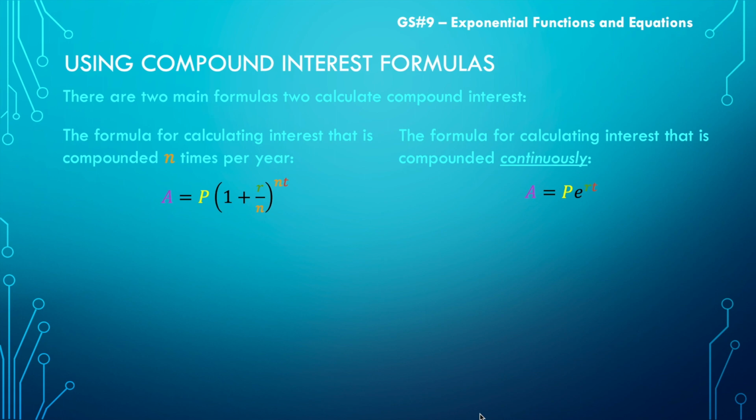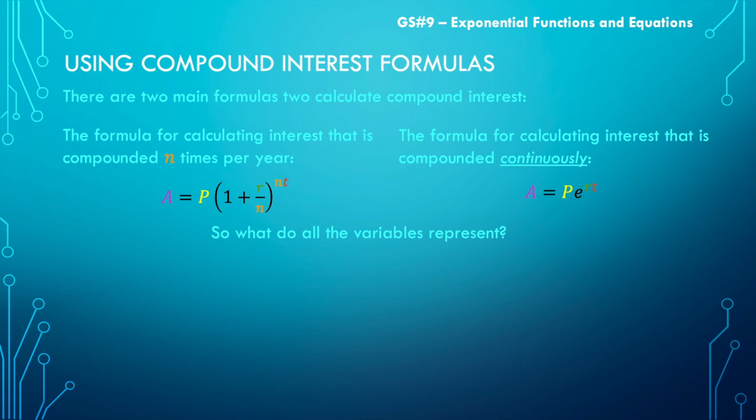You're only going to use this formula if the application says that the interest is compounded continuously. So it is not getting paid at a specific interval of time. It's getting paid continuously.